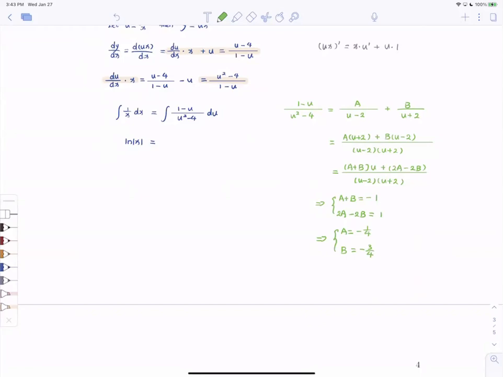Okay, so you put it back. Negative 1 over 4 times 1 over u minus 2, minus 3 over 4 times 1 over u plus 2, the whole thing du, which will give you negative 1 over 4 log absolute value of u minus 2 minus 3 over 4 log absolute value of u plus 2.